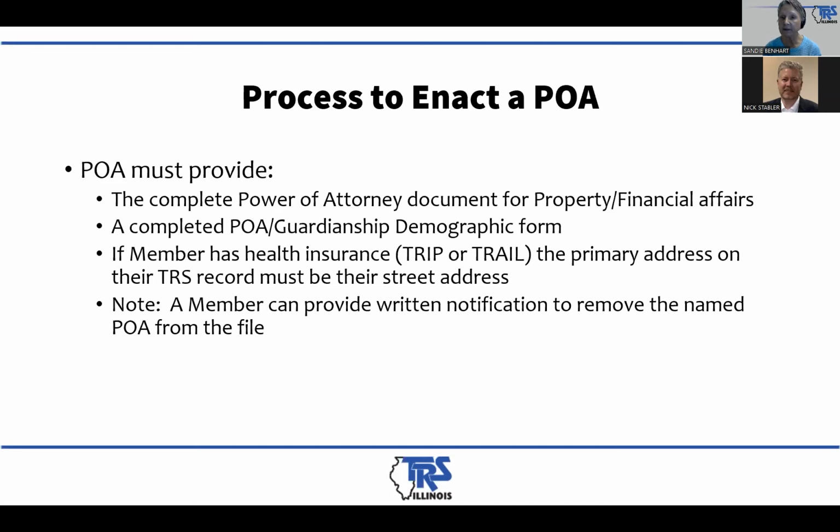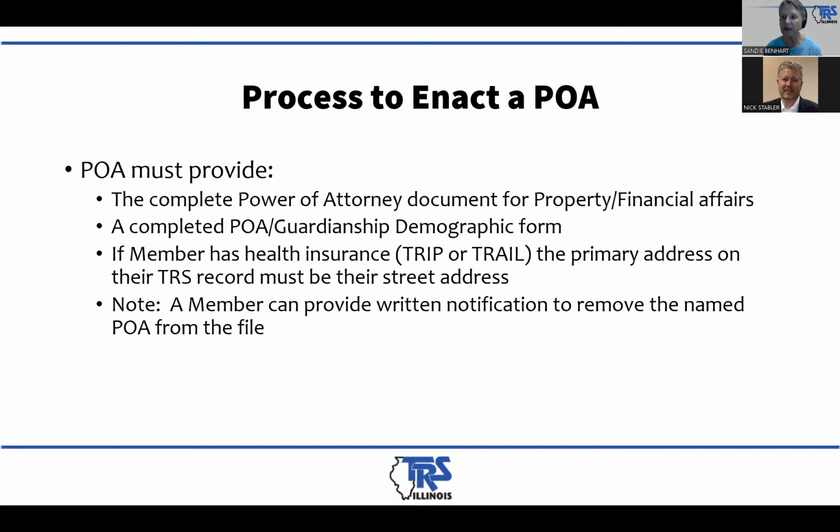If the TRS member has health insurance, so if you have either TRIP or TRAIL, the primary address on your TRS file has to remain as your street address because health insurance is attached to where you are living. So we need your street address in there. And what will happen then is that we will set up what we call an alternate contact, and the POA's information and address and everything will be on that part of the record.